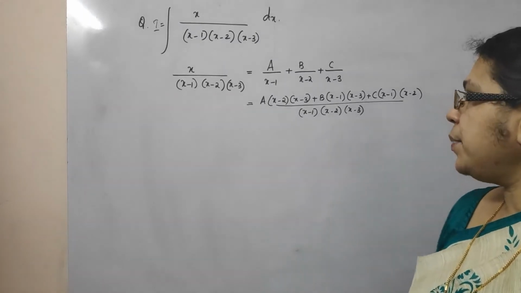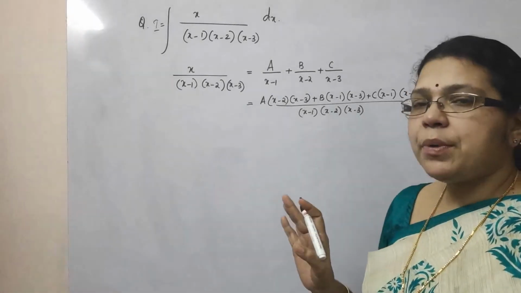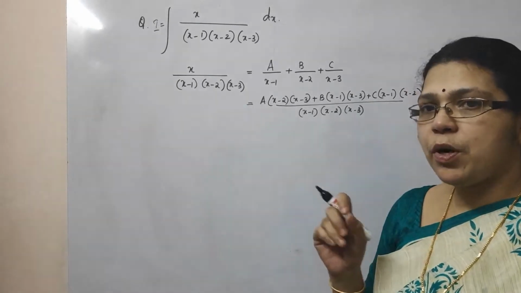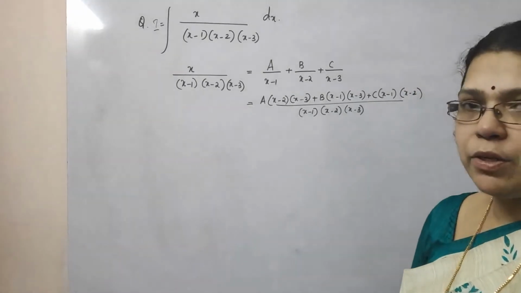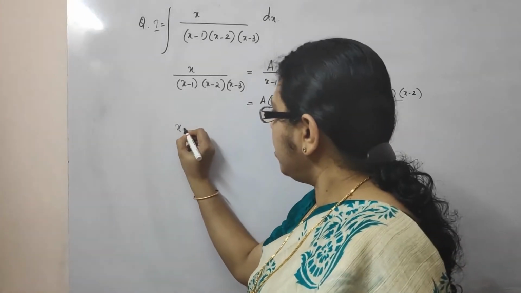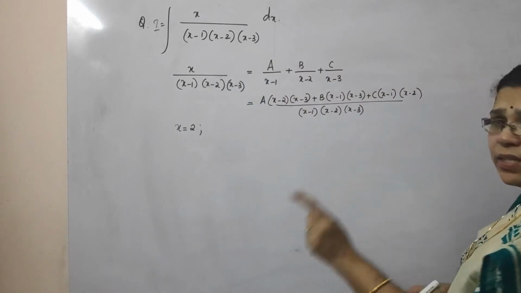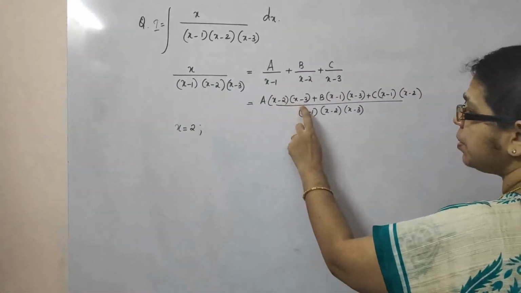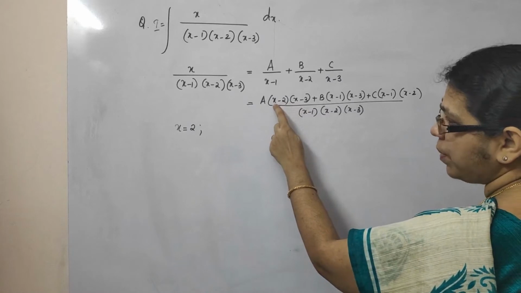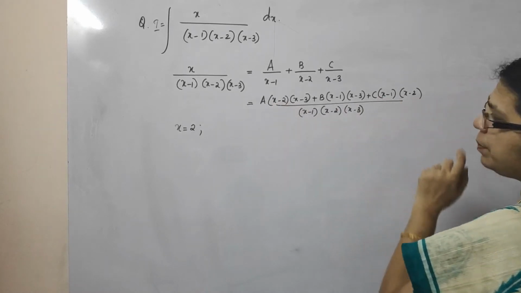Now here, I'm not going to expand the numerator of this part, okay? I'm not going to expand it, but I have a small trick of finding the values of a and b. Now, when I substitute for x is equal to 2, what happens in this expression? When x is equal to 2, this expression becomes 0 because you have an x minus 2. So 2 minus 2 becomes 0. This expression also will become 0.